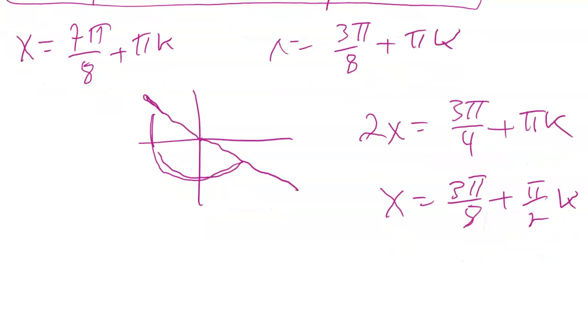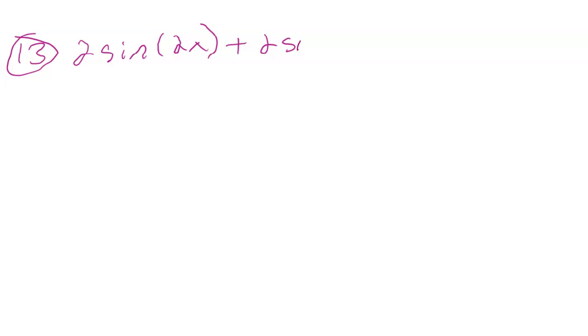On to 13. 13 is yelling. Let's see. I'm just going to start it. 2 sine of 2x plus 2 sine of x is equal to 2 cosine of x plus 1. I'm going to use the double angle for sine, and at the same time, I move everything to the left.